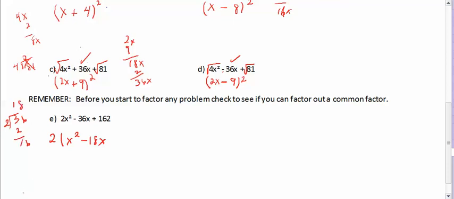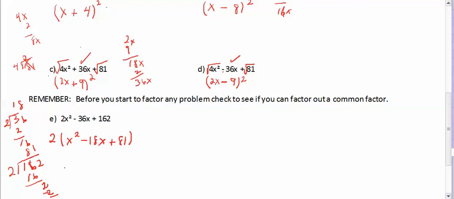And then 162 divided by 2 is 81. Okay, so that's what I'm taking out. So this is a positive 81.